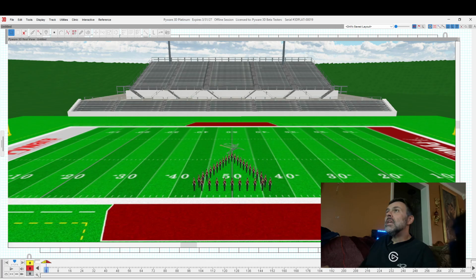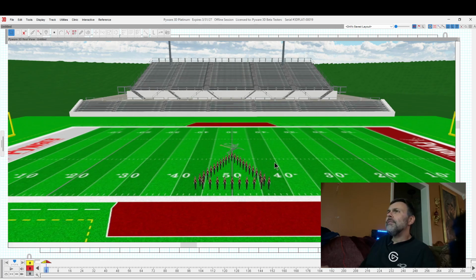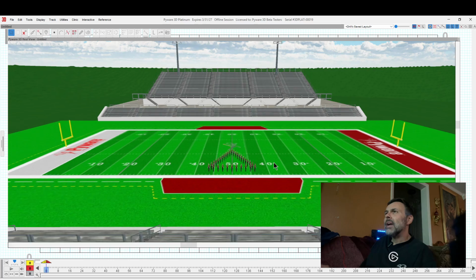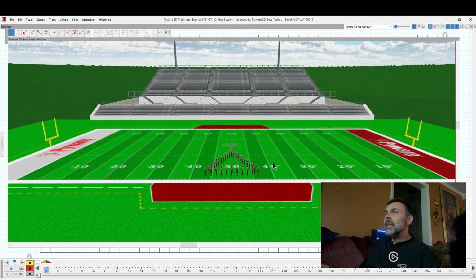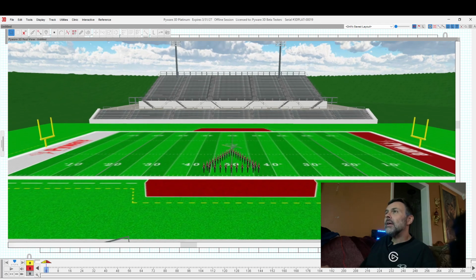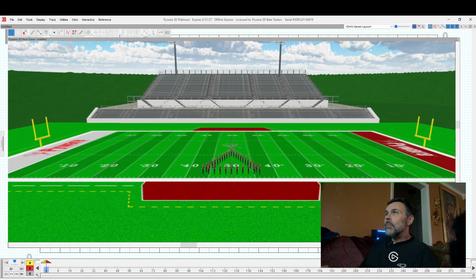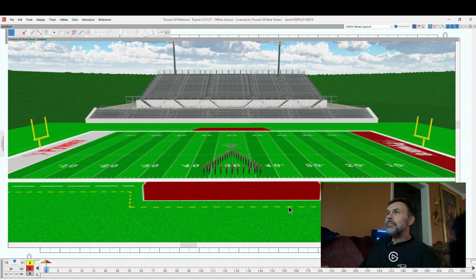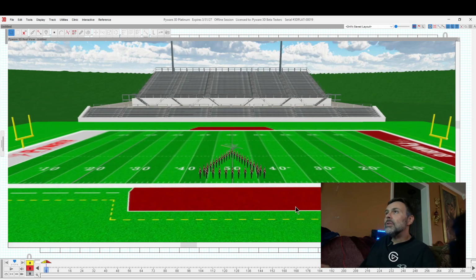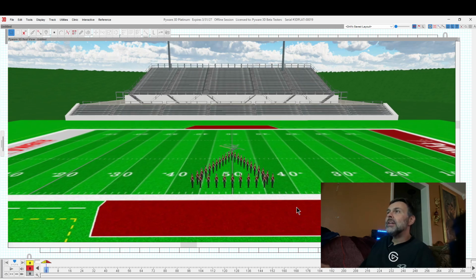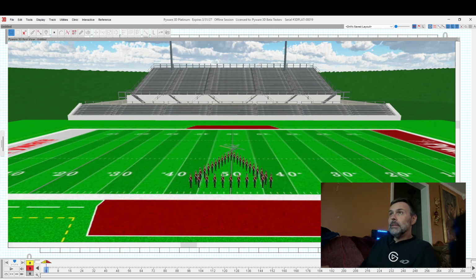So you can see here, and this is probably about where these stands are. Okay, if I pull back just a hair, yep, that's going to be about, if I actually lower it down just a hair more. And this is the view from those lower stands. Okay, if you're right there in those lower stands, and that's the verticality of the triangle here.